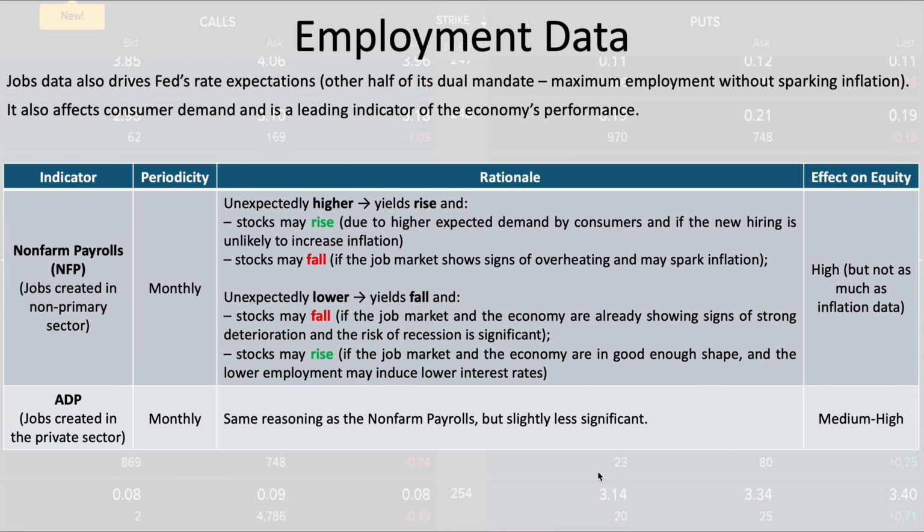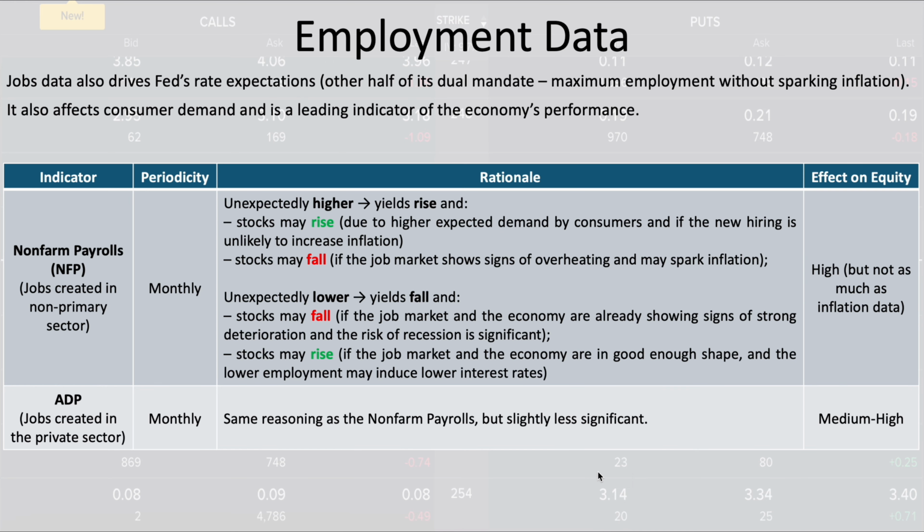On the flip side, if the hiring is unexpectedly lower, yields fall. Stocks in turn can also fall, because that may mean the economy is already close to a recession, consumer demand is very much in the doldrums, and the job market is already showing significant signs of strong deterioration. This may lead to much lower expected consumer demand, and that's why stocks may fall.